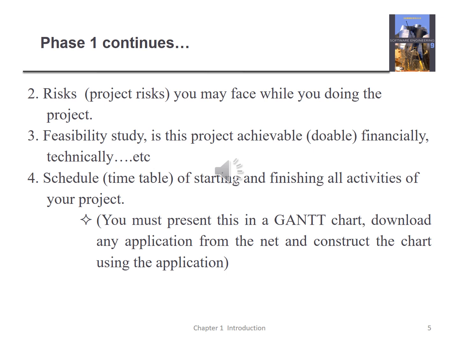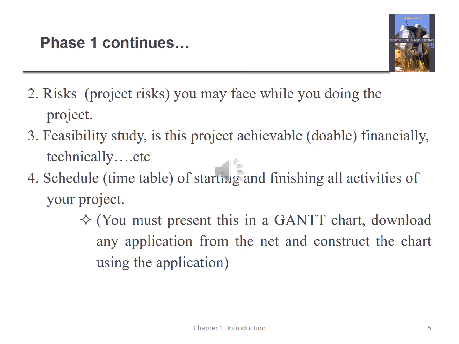Then after that, we have to do the feasibility study, and we could do the risk and the feasibility concurrently. There are many different categories of feasibility, as we discussed in chapter 5: financial, schedule, technical, operational, and political.